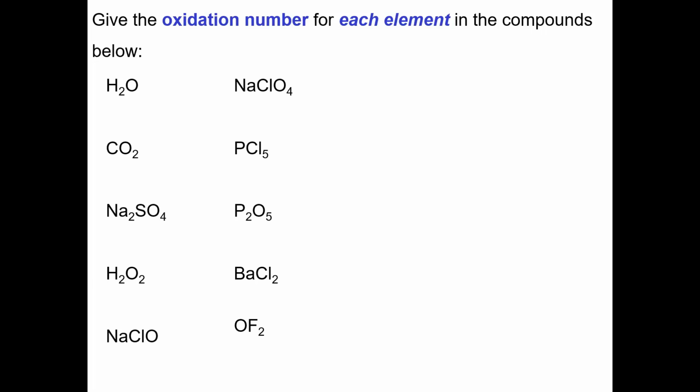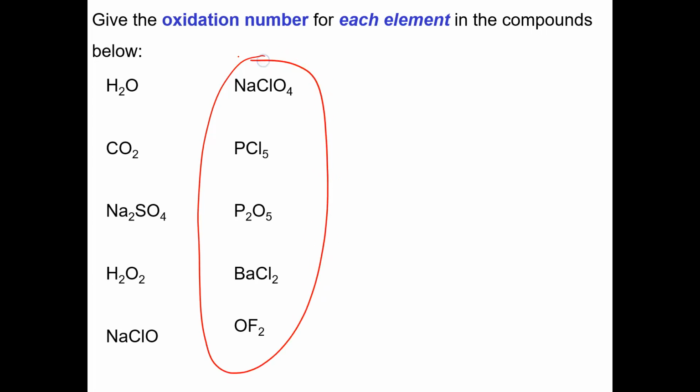So the first thing that you'd want to do is just practice assigning oxidation numbers. I'll do a couple here, and you might find it helpful to pause the video and give a few a go by yourself. So I'm going to do the second column here. Sodium in this compound is present as a monatomic ion, so sodium's going to have oxidation number +1.